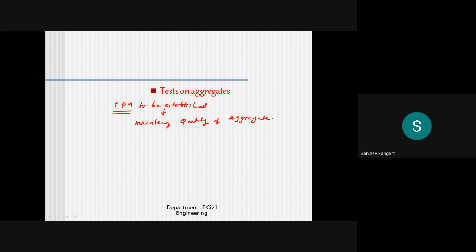Sometimes the question will be asked in another way also. They may ask, explain the different tests on aggregate. That is the first question. In another way, how the total quality management has to be established in monitoring the quality of the aggregates.